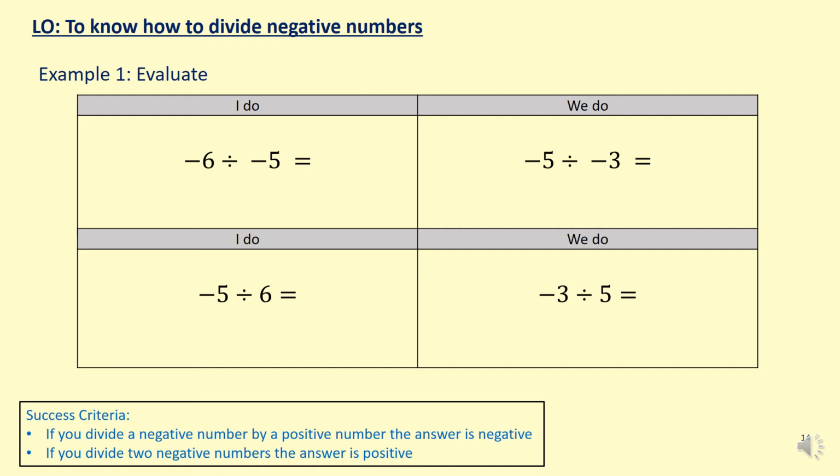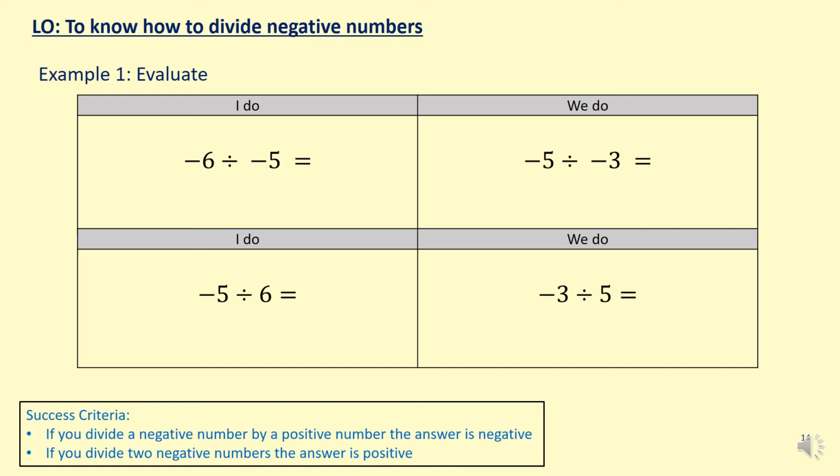In this case, I can't do 6 divided by 5 because 6 is not in the 5 times table. I end up with a decimal number. I don't need to do the division, so I'm just going to write that answer as a fraction, because a fraction is some sort of division. It's the same thing, I just need to write it in a different format.